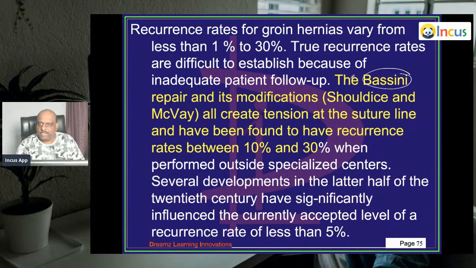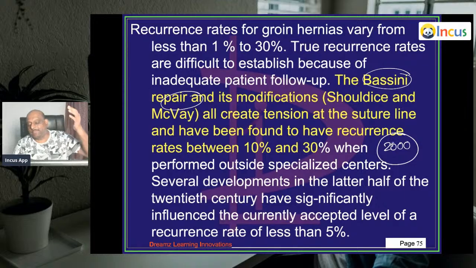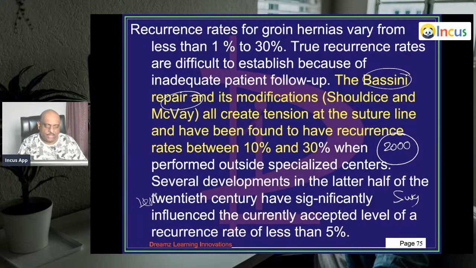Whereas the Bassini's repair, and there are modifications of Bassini repair, we have discussed in great detail in our surgery. Once more, I advise you, if you have done this question wrong, please go back to the Incus app, 2000 HD videos. In the surgery videos, hernia is the topic very, very elaborately discussed.